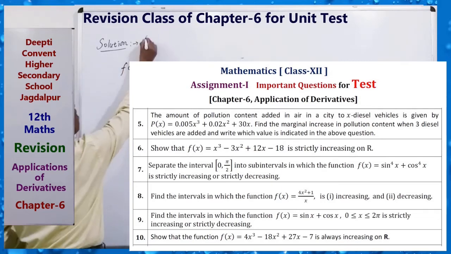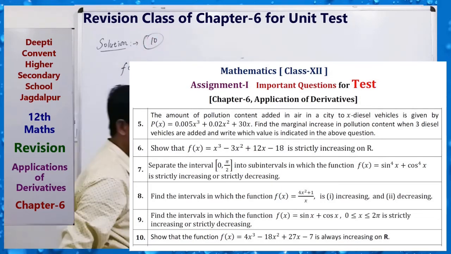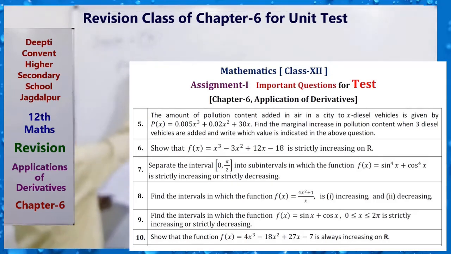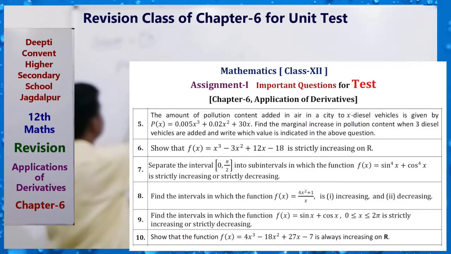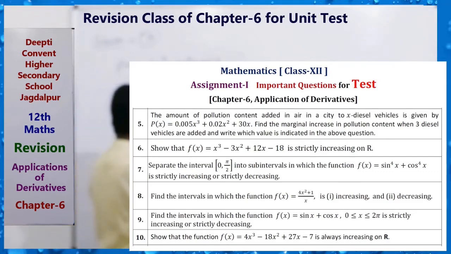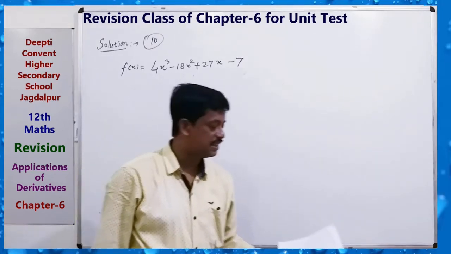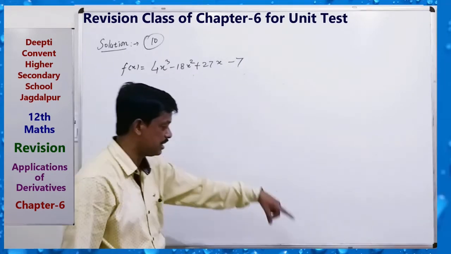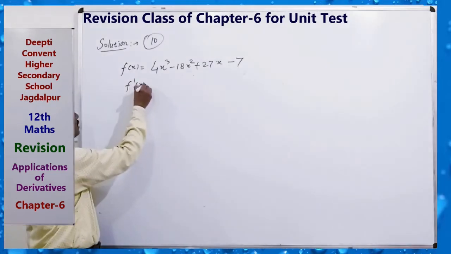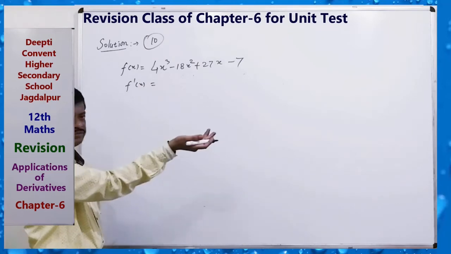Show that the function f(x) equals 4x cube minus 18x square plus 27x minus 7 is always increasing on R. So find the derivative.